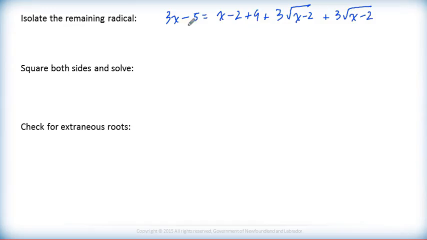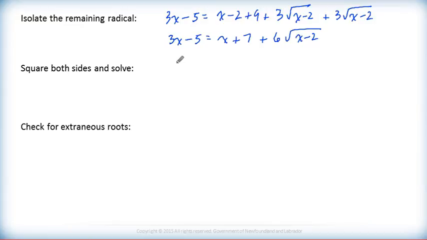To summarize, I have 3x minus 5 equals x minus 2 plus 9 plus 3 root of x minus 2 plus 3 root of x minus 2. These are like radicals, so I've really got 3x minus 5 equals x minus 2 plus 9, which is plus 7, plus 6 root of x minus 2.